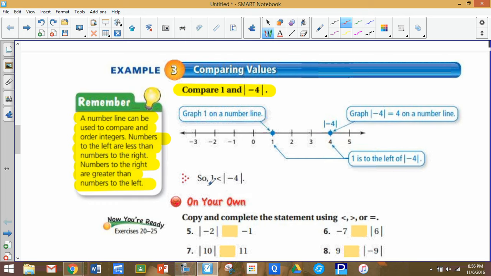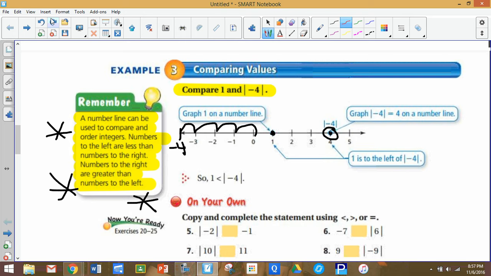So we're going to compare 1 and the absolute value of negative 4. I put stars there for you to remember. First of all, we have to figure out what that negative 4 is. So negative 4 is way down here. How far away is negative 4 from 0? Well, it's 4.